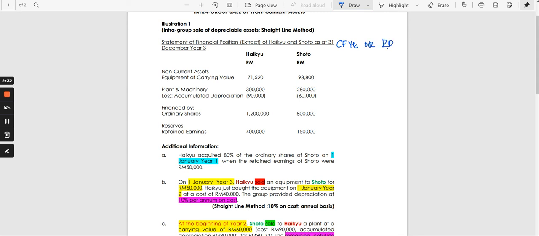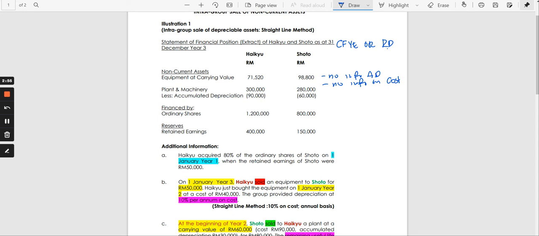So these are the information given. The equipment information is given at the carrying value, so you have no information on accumulated depreciation. You also have no information on the cost. So no problem, because you have the equipment at carrying value.